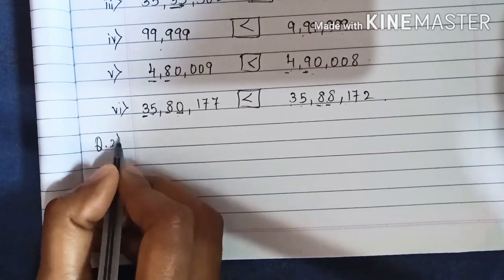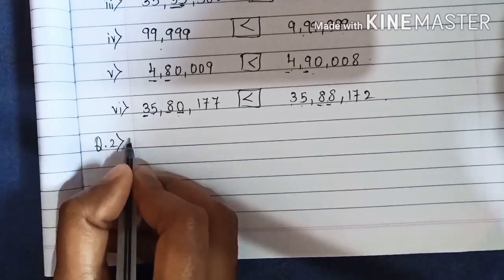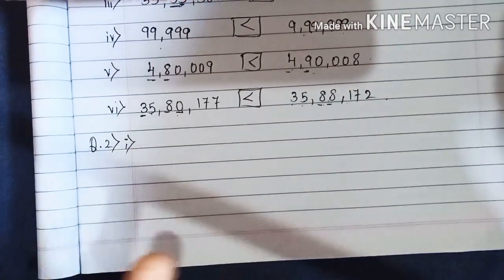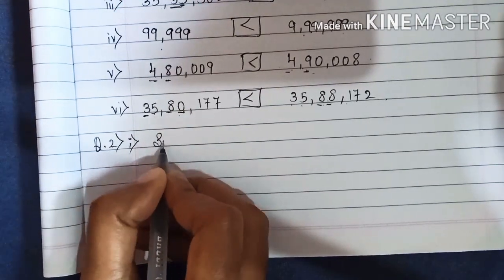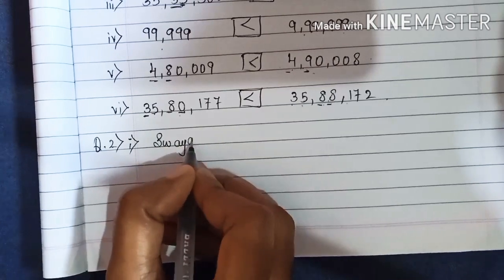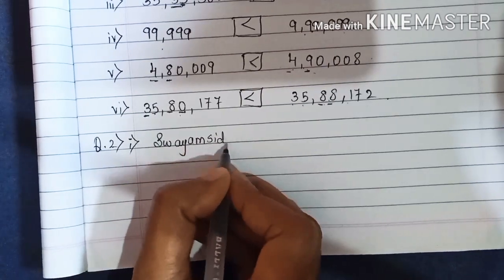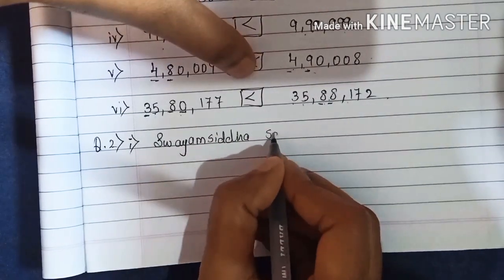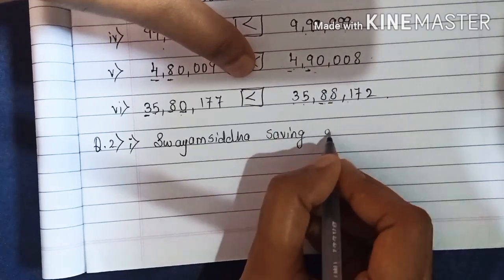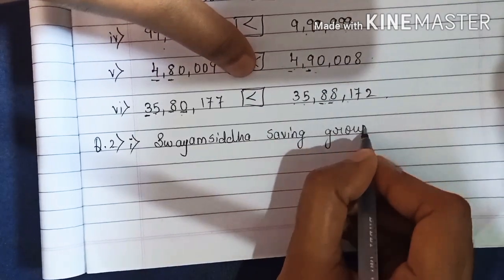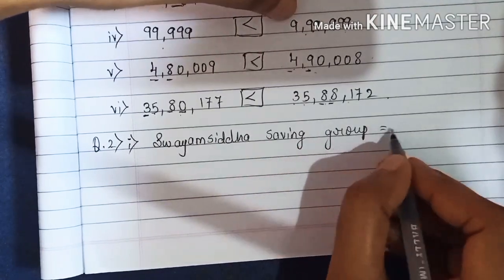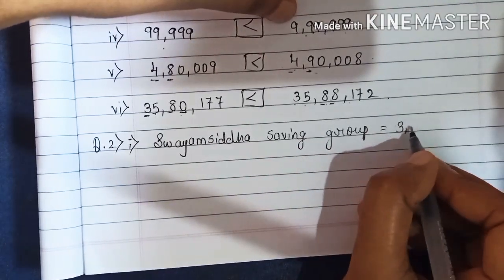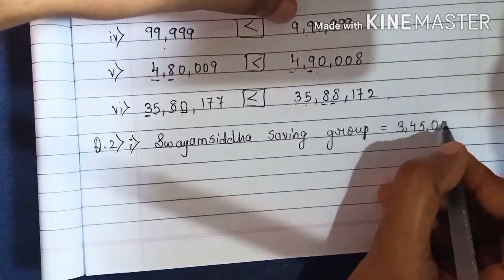Okay, question number 2. First we will write the data. Now what is given? That's Swayam Siddha saving group. First we will write the name of that group. Swayam Siddha saving group. The number of papads made by Swayam Siddha saving group is 3,45,000.